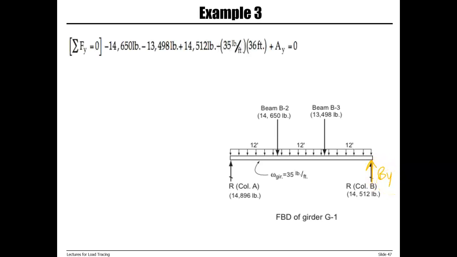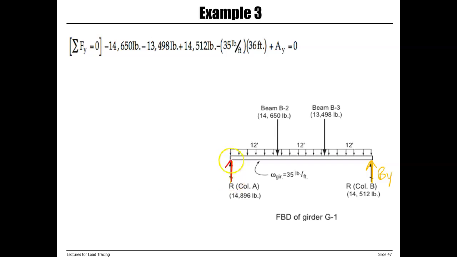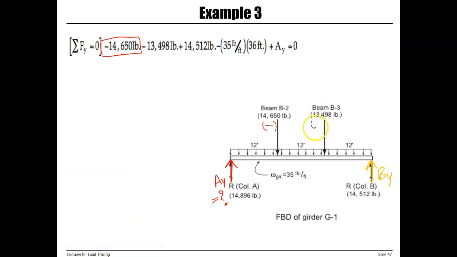Now we need to calculate AY. We have 14,000 downward, so we're going to use a negative sign. We have another 13,000 downward, so again we're going to use a negative sign.